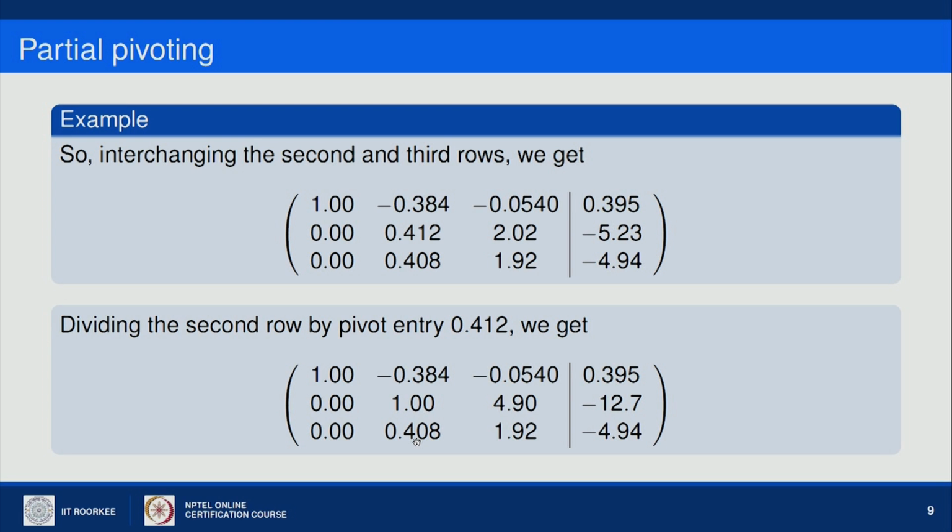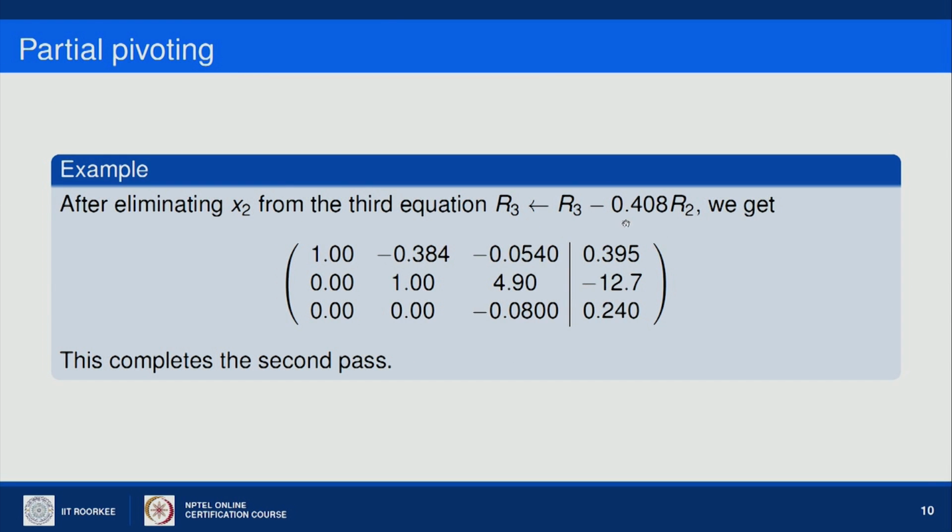I need to replace the third row R3 by R3 minus 0.408 times R2. After performing this operation I got this system, and this matrix is in row echelon form.